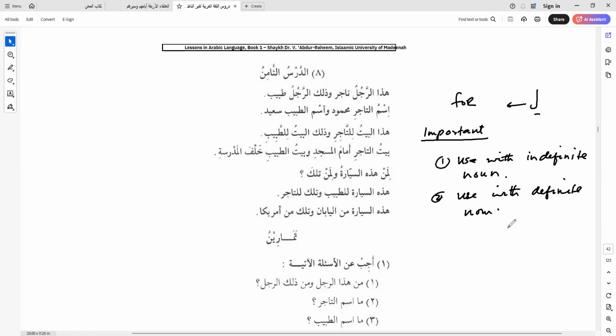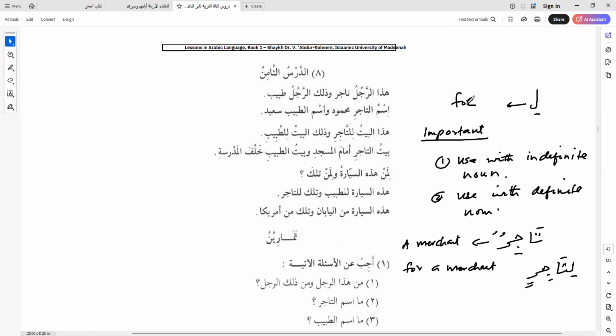Now, let's take baytun. Let's say tajirun, right? Tajirun. This is indefinite. A merchant. So when you want to say for a merchant, you have to say li tajirin.